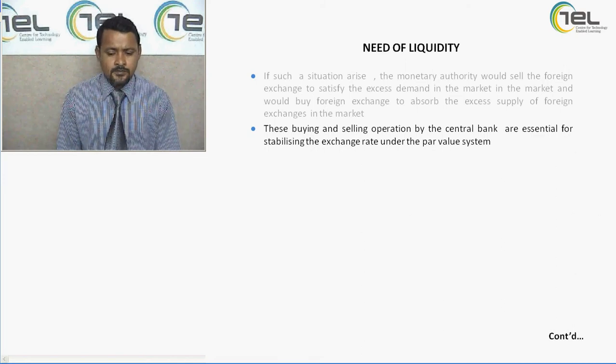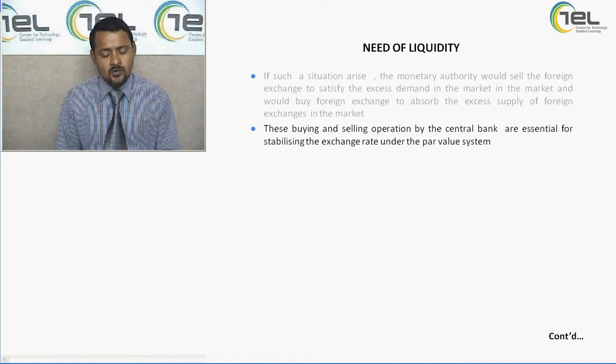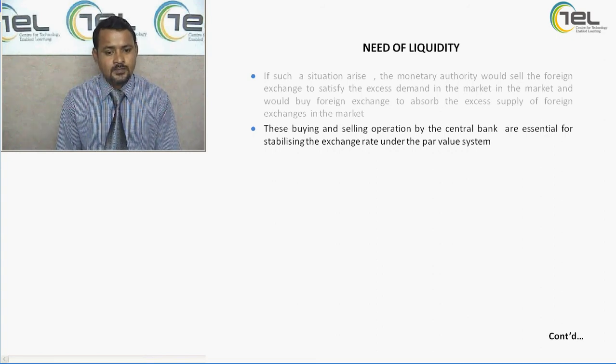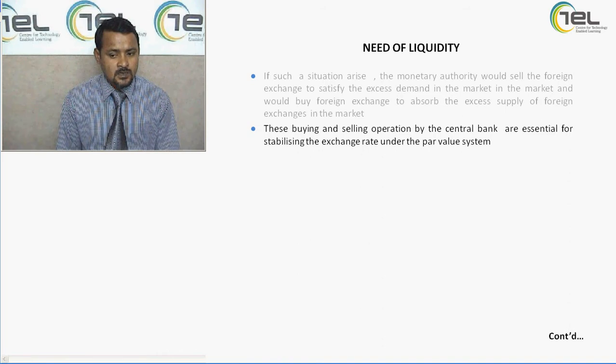So in that case, to prevent the domestic currency from appreciating, the monetary authority will intervene in the market and buy foreign exchange from the market to absorb the excess supply, thereby almost equilibrating demand with supply, so that the equilibrium price can be established.